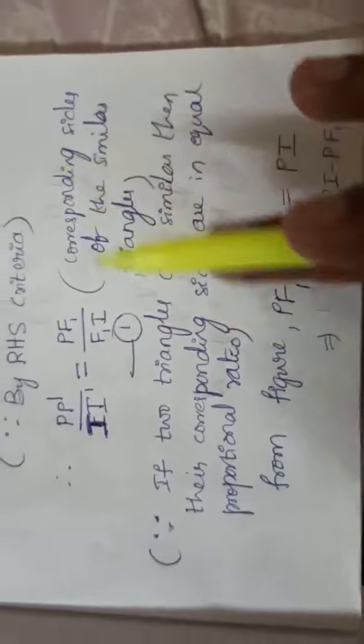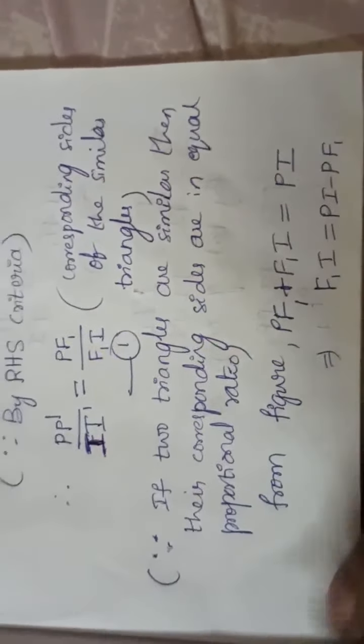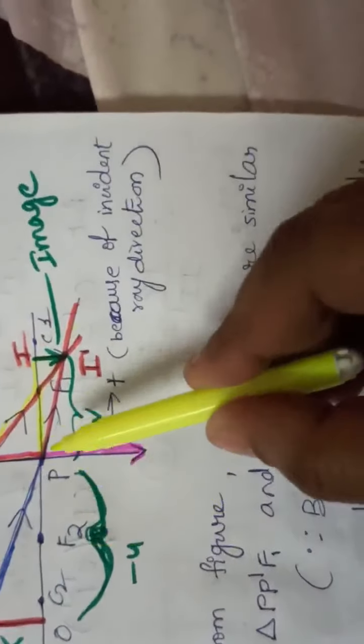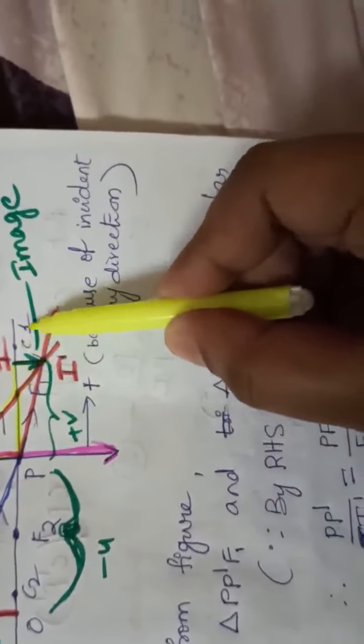I am writing this as equation number 1. And from the figure we can observe that PI is equal to PF1 plus F1I.